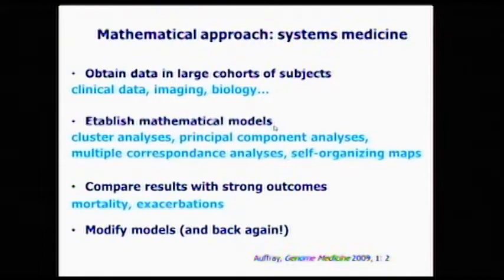They have very odd names: cluster analysis, principal component analysis, multiple correspondence analysis, self-organizing maps. All of this basically means that you have mathematical algorithms that allow you to group patients according to multiple data. So people usually present this kind of analysis as unsupervised and unbiased.